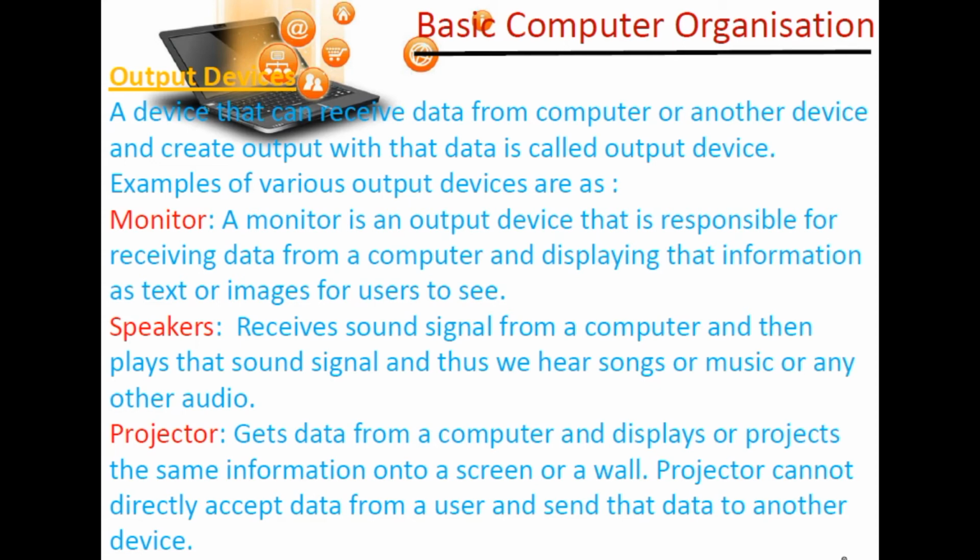Projector gets the data from the computer and displays or projects the same information onto the screen or wall. You can see the same thing in the computer lab also. Projector cannot directly accept the data from the user and send the data to another device.